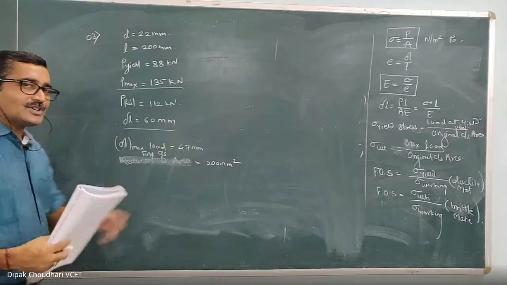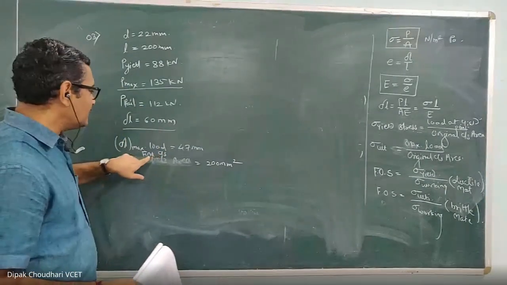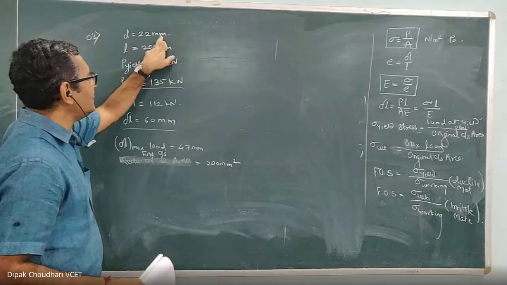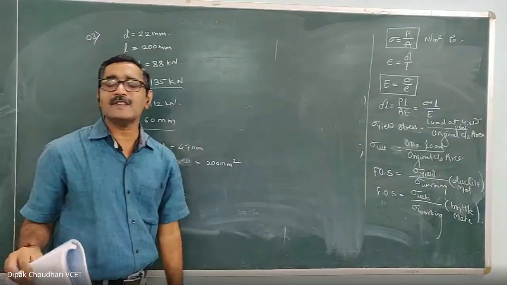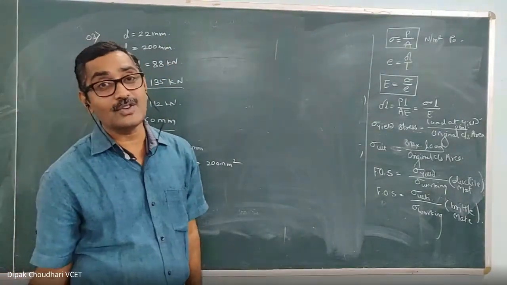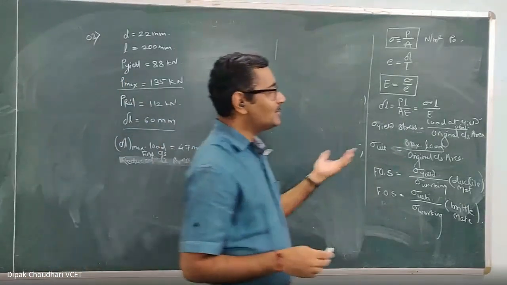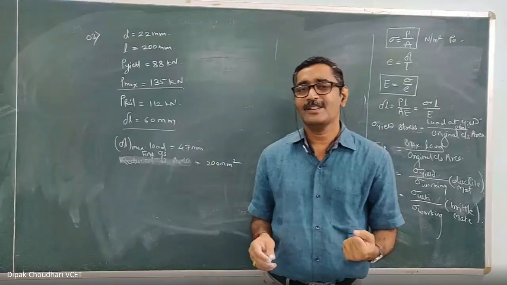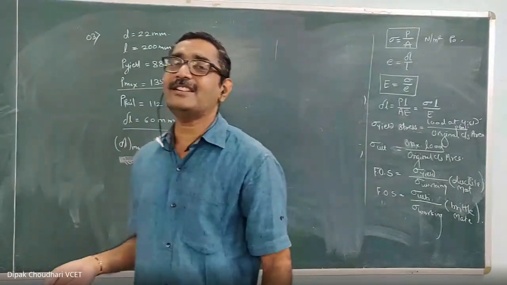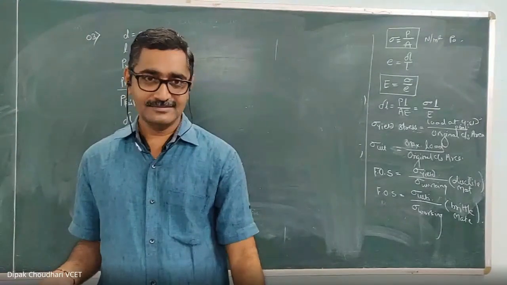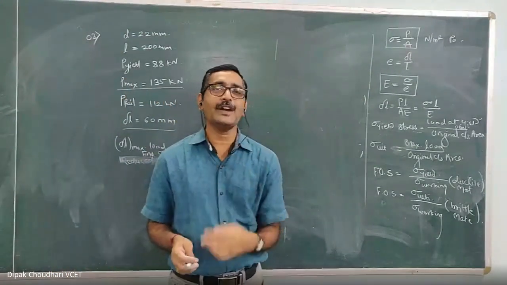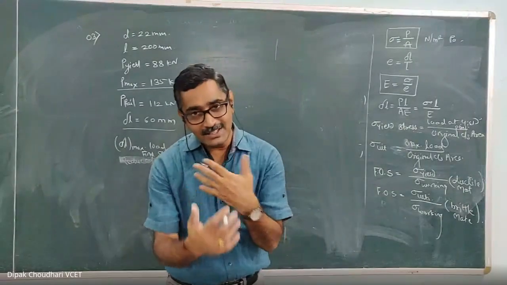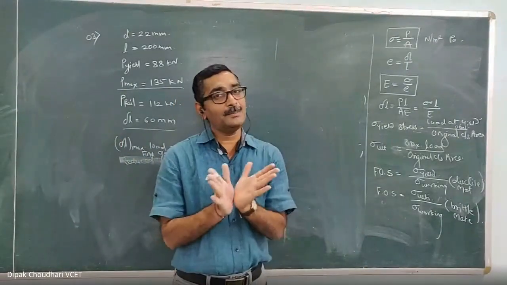Means how much cross sectional area is reduced? This original cross sectional area minus this final cross sectional area will give the reduced cross sectional area. Yesterday I told you the two formulas on which we can decide the ductility. Ductility depends on two factors: the percentage reduction in area and the percentage elongation.